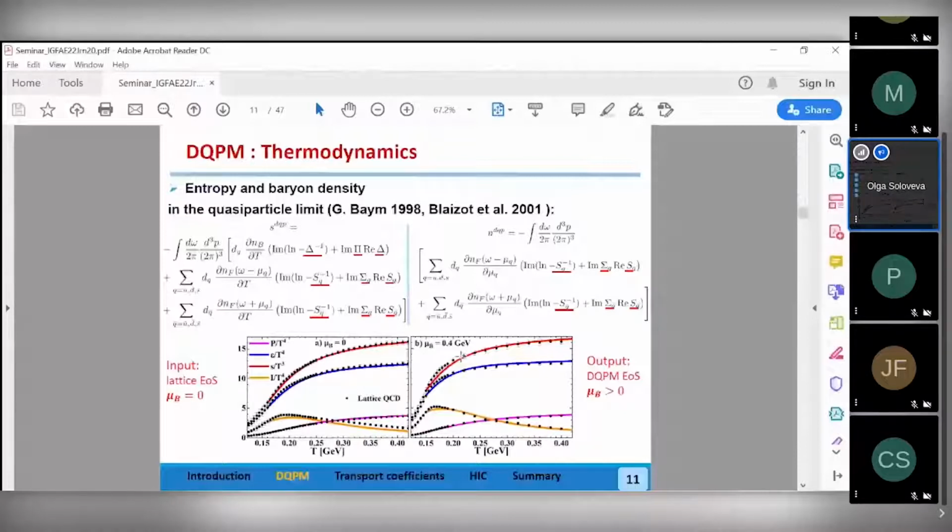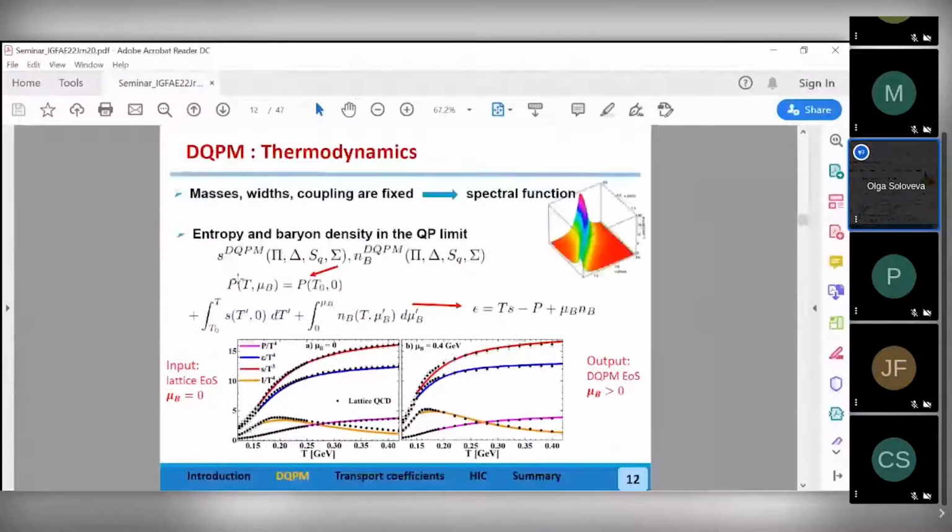Using the spectral function, we can calculate thermodynamic quantities such as entropy density and quark or baryon density, which you can later use for extraction of pressure and energy density. Here you can see our comparison with lattice, as I showed you before.